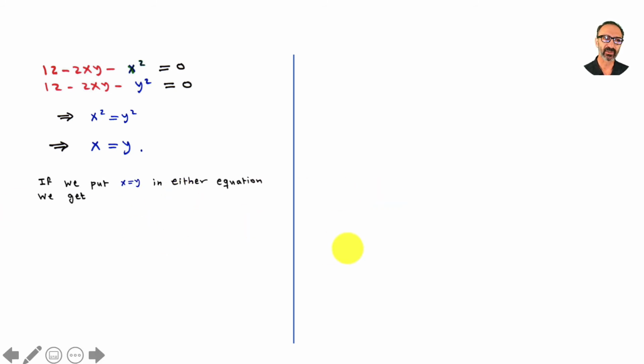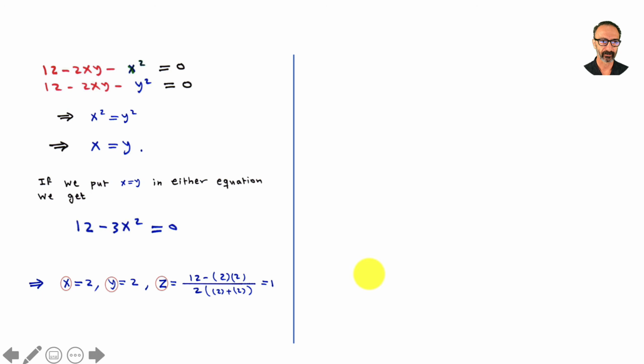If we put x equals y in either equation, either one of them, we get 12 minus 3x squared equals 0. Simplifying, solving for x, I get x equals 2.